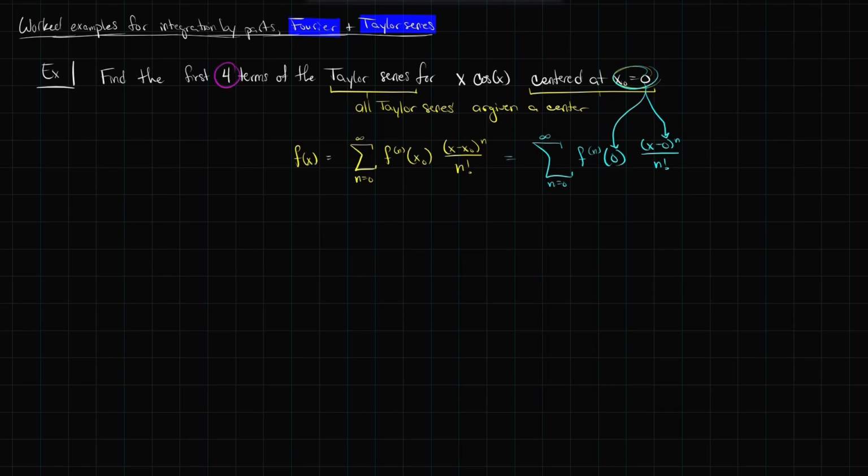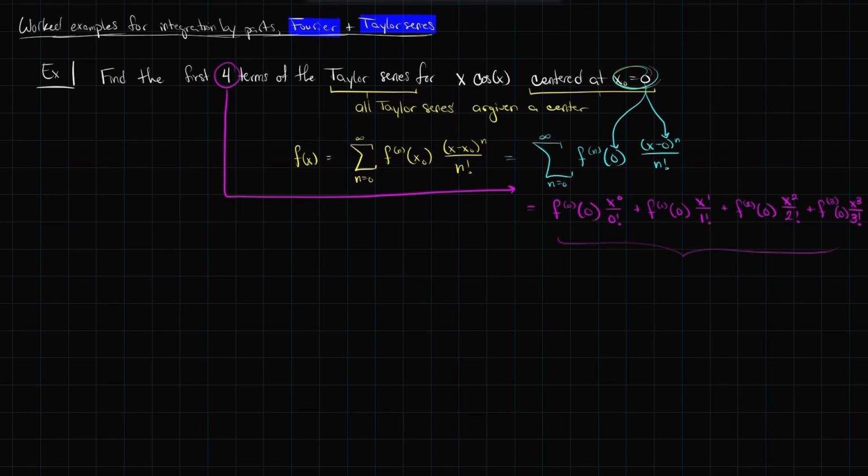And even better than that, when I just say the first four terms, we're going to go ahead and construct just the first 4, which would be f with 0 derivatives on it. And then we'll have x minus 0 to the 0 power, which is just x to the 0 power over 0 factorial, plus the first derivative at 0, x to the first power over 1 factorial, plus the second derivative at 0, x squared over 2 factorial, and then the third derivative at 0, x cubed over 3 factorial, because that's a total of 4 terms.